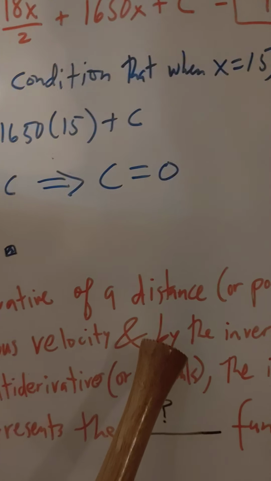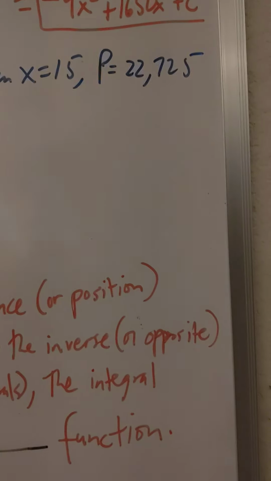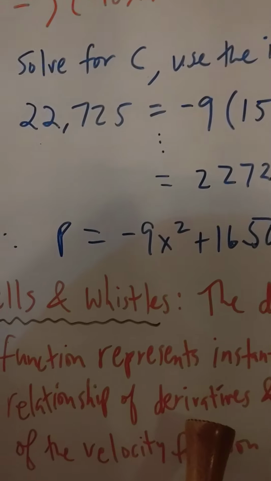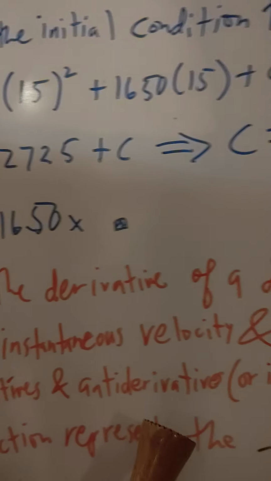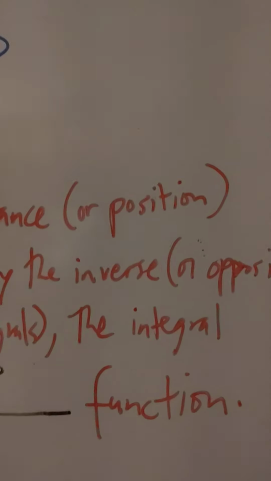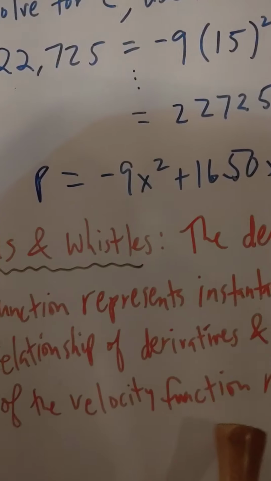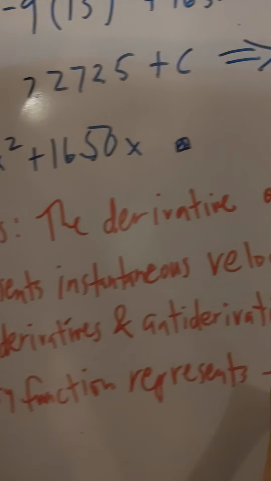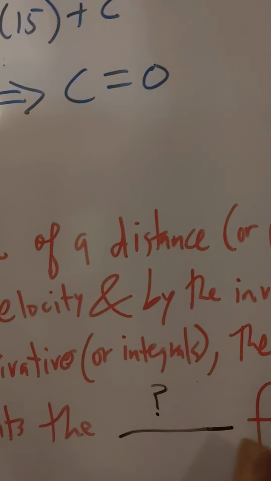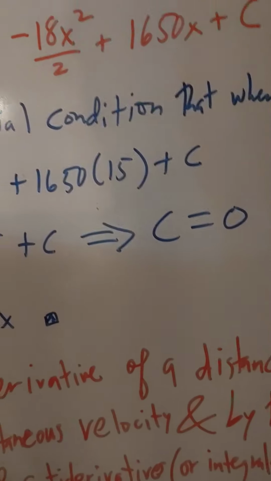By the inverse or opposite relationship of derivatives and antiderivatives, we know that the antiderivative or integral of the velocity function represents the, what do you think? What function am I going to say here?